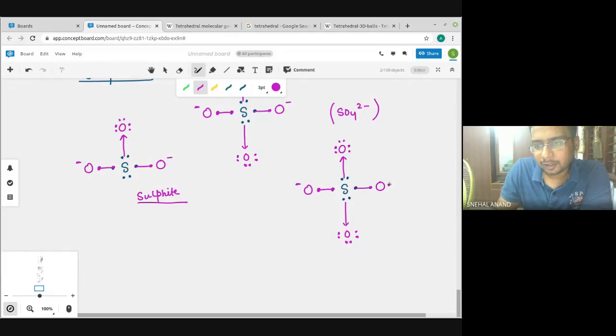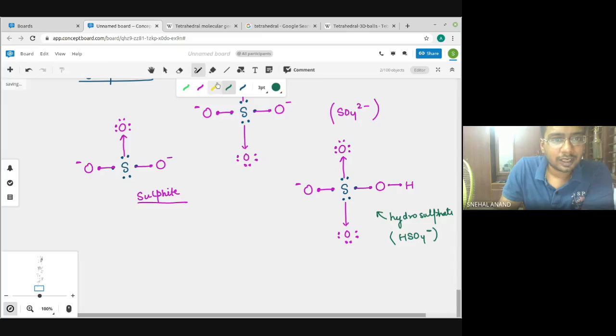Let's find a hydrogen and share an electron with this hydrogen. This is when it becomes hydrogen sulfate. And the formula is HSO4, just 1-. I hope this is clear.